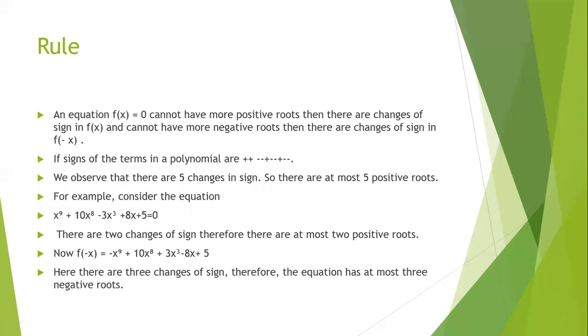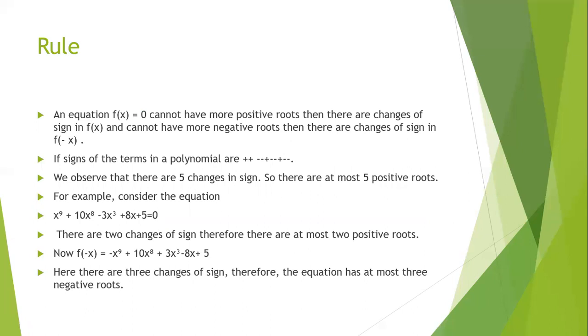An equation f of x is equal to 0 cannot have more positive roots than there are changes of sign in f of x, and cannot have more negative roots than there are changes of sign in f of minus x.